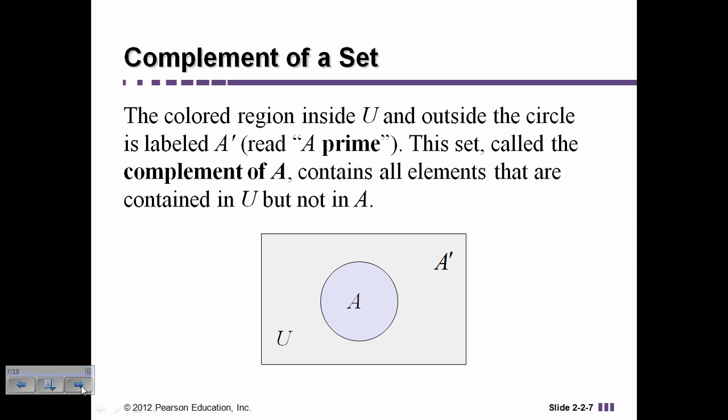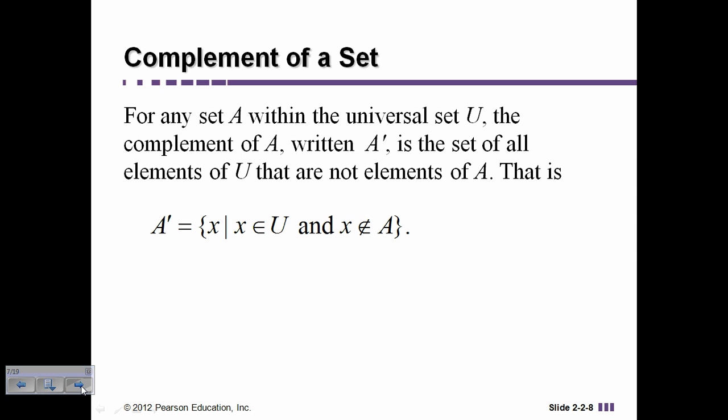The colored region inside of U, but outside of the circle, is called A prime, and that is called the complement of A. In other words, A prime is all of the elements of the set that are not in A. So for any set A within the universal set, the complement A prime is all of the elements that are not in A but are in the universal set.